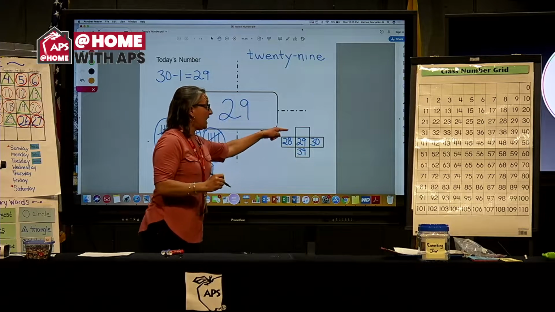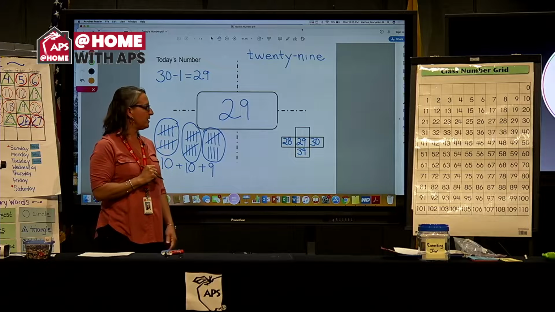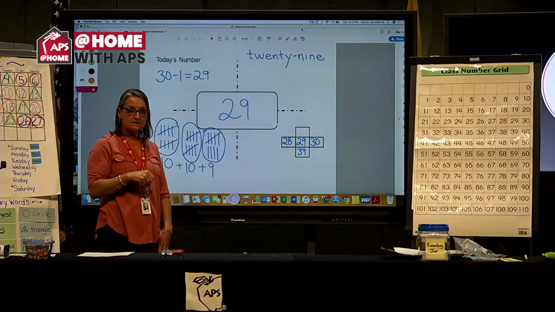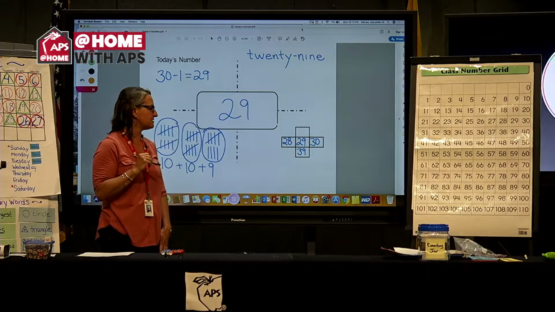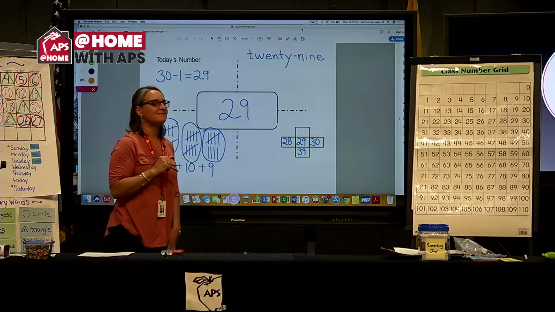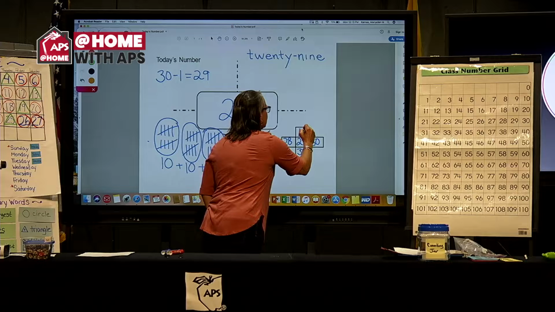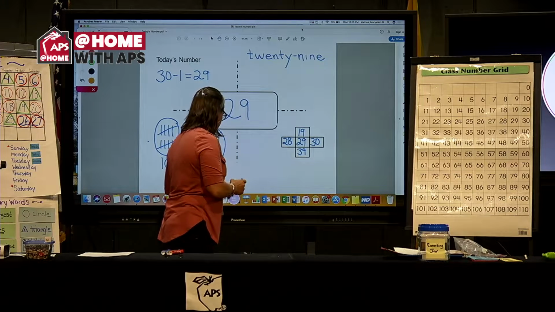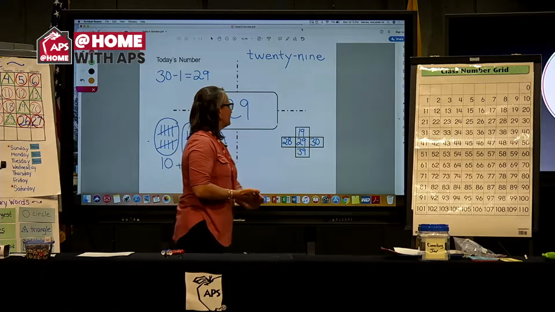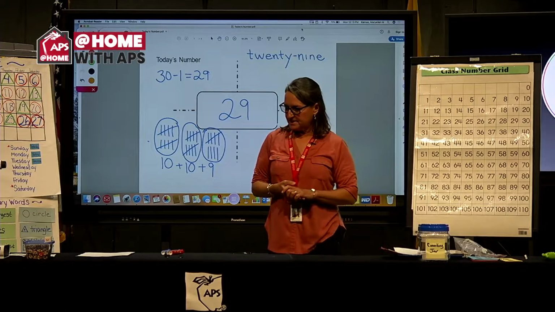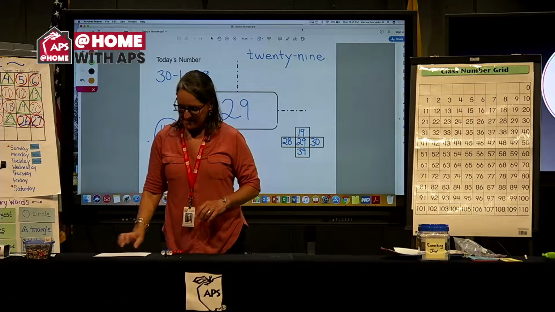If I jump up to the same spot on the row above, I've jumped back 10. So what is 10 less than 29? That's right, it's 19. Nice job. All right, so that is our number of the day today, 29.